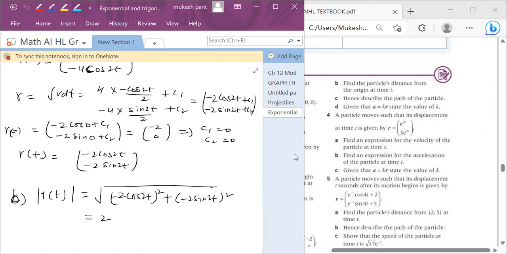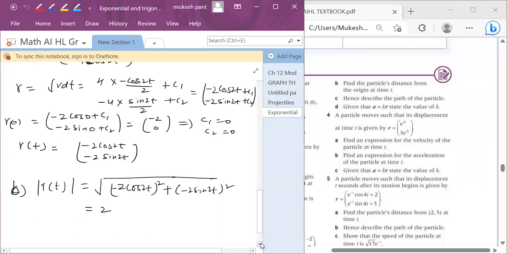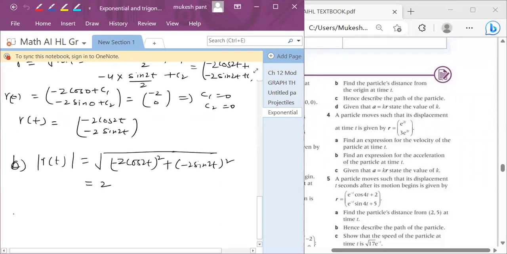Okay. So hence, describe the path of the particle, right? Since this is the distance from the origin, it will be taken as the radius of the movement of the particle.